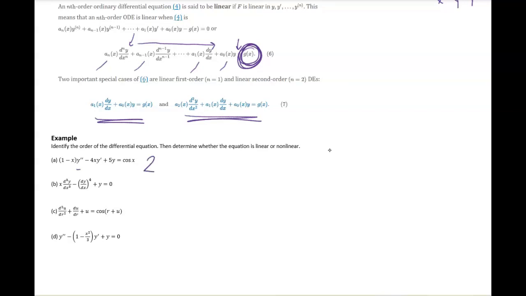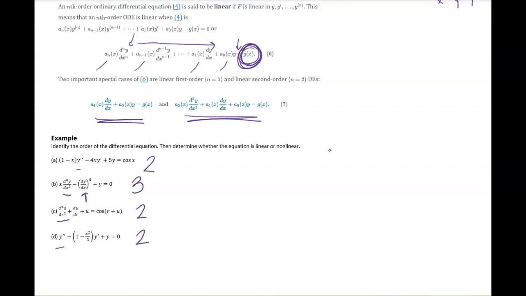So this would be a second order. On B, I'm noticing I have a third derivative of y and then a first derivative raised to the power of 4. Therefore, this is a third order differential equation. On C and D, both of these are second order differential equations.